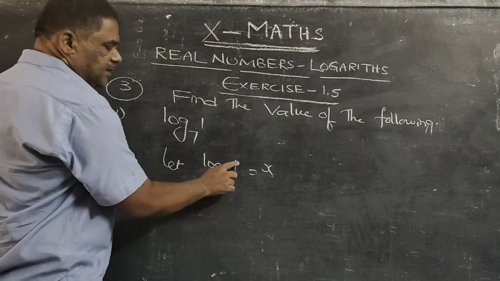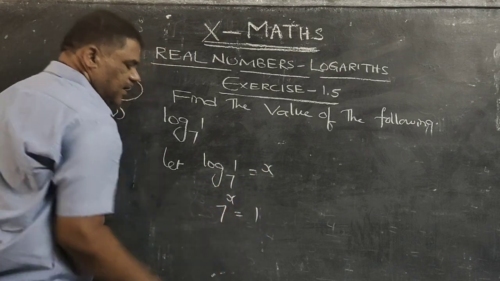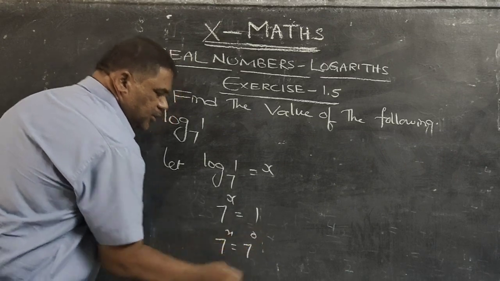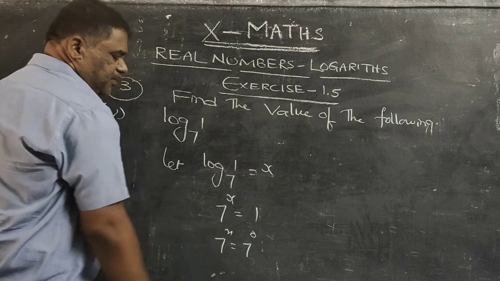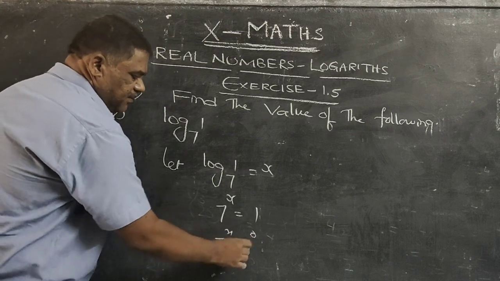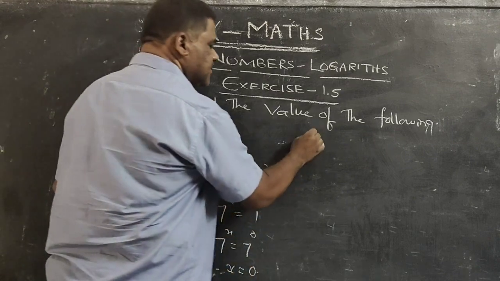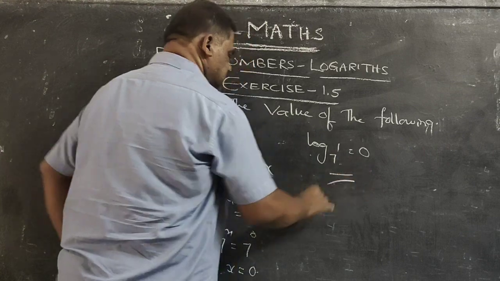If you remove logarithm, 1 comes here, x goes there. 7 to the power x is 1. 1 can be written as 7 to the power 0, which is also 1. So in place of 1 I am writing 7 to the power 0. Bases are same, equate the powers. So x value is 0. X means logarithm of 1 to the base 7, answer is 0.